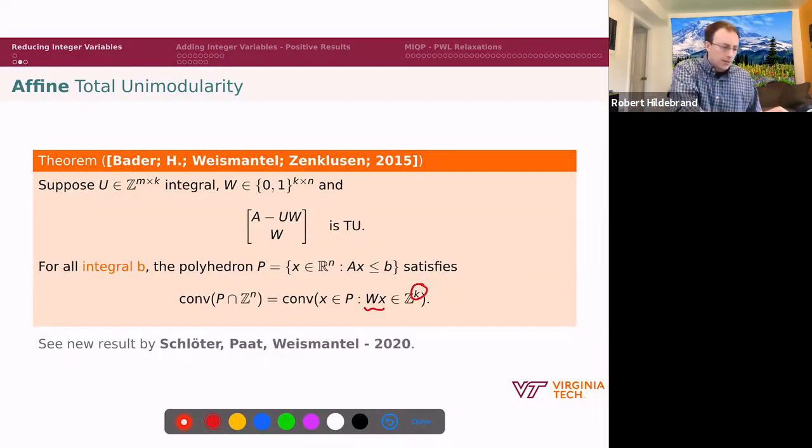And so one property here is if I kind of stack the original inequality matrix with some version of this W matrix along with some U matrix here, if this whole thing is actually TU, then I recover these nice convex hull properties. So that's one instance, and there's a couple kind of easy applications that this works into. I'll mention there's some nice work by Joe and Robert and Miriam at IPCO last year that extends the usefulness of this approach here.